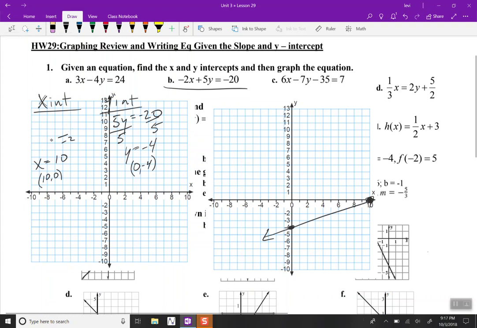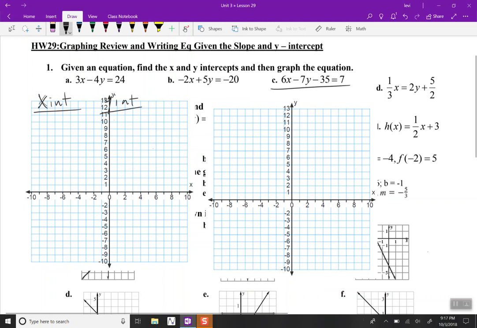C is going to be super similar, except we've got negative 35 and a 7 over here, so let's clean this up first.